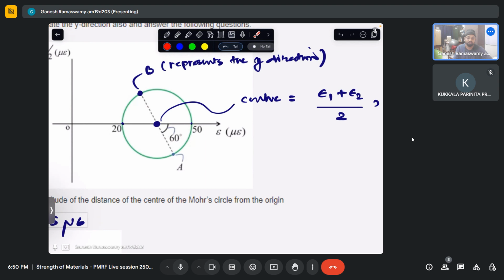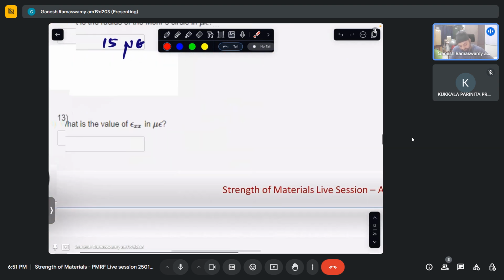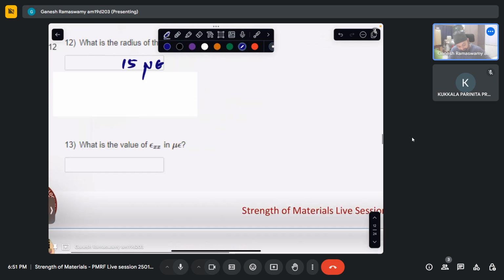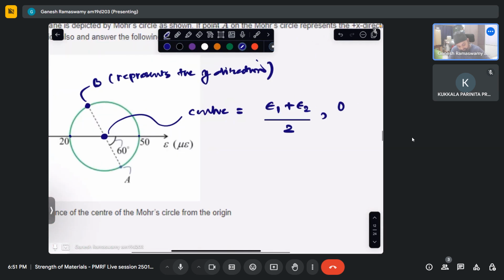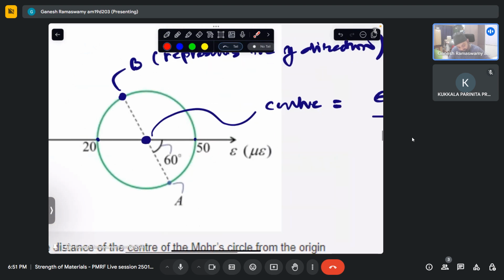So how can this be found? Let me take the Mohr circle from here. What essentially we are saying is this is the x plane. So if I have this triangle, whatever this quantity is, added with the center ordinate, will give me epsilon xx.